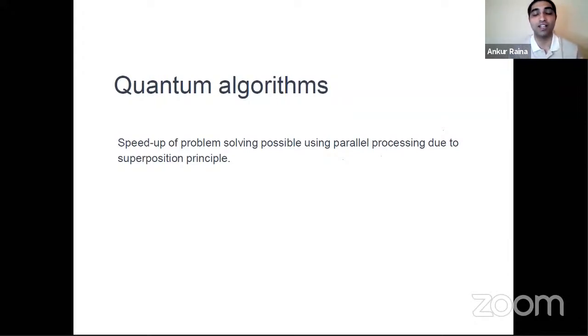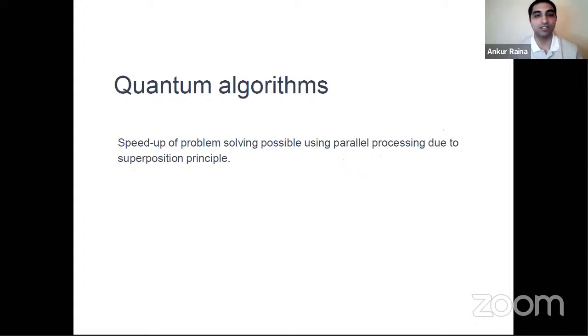There have been solutions where there is an exponential advantage, where you reduce the number of computations exponentially, and some solutions where you have polynomial advantages. So this is a very exciting area where one can pursue quantum algorithms for problems that are unsolved in the classical world, and some problems can be sped up using quantum computation.